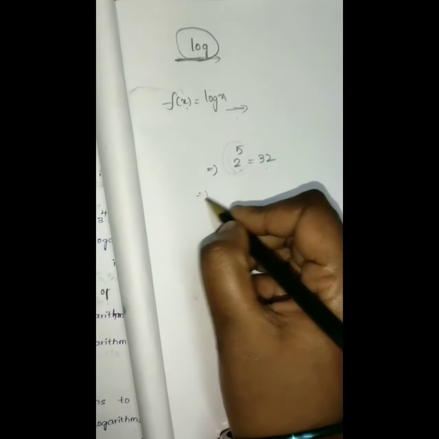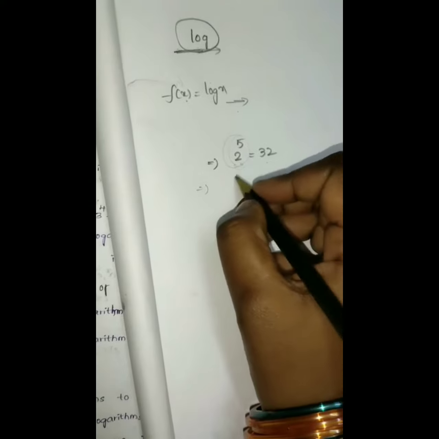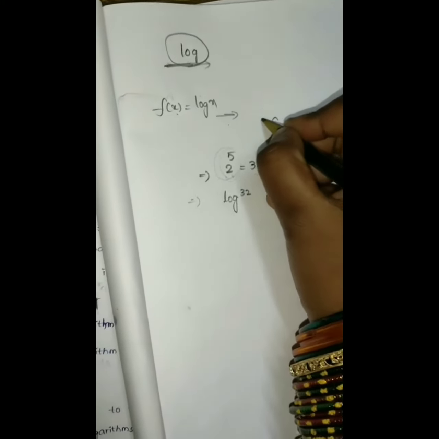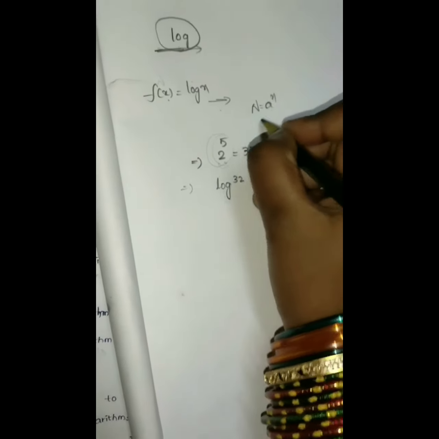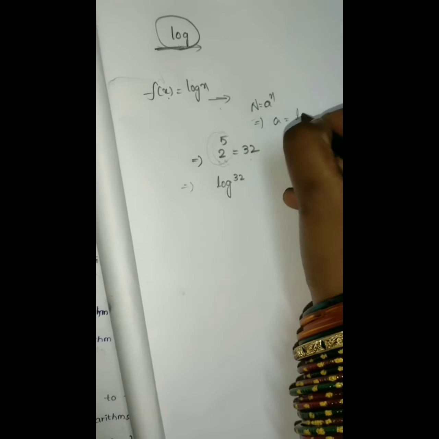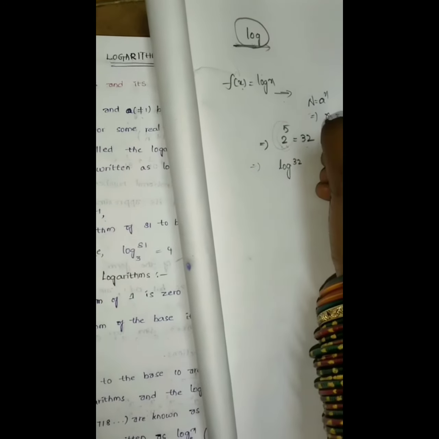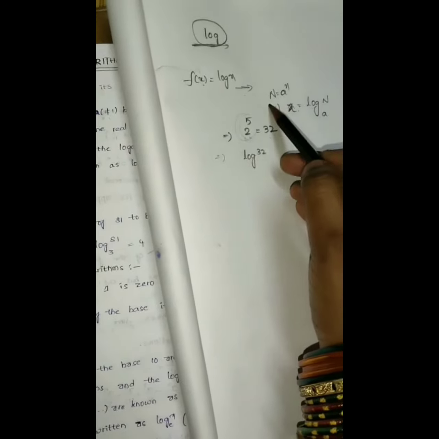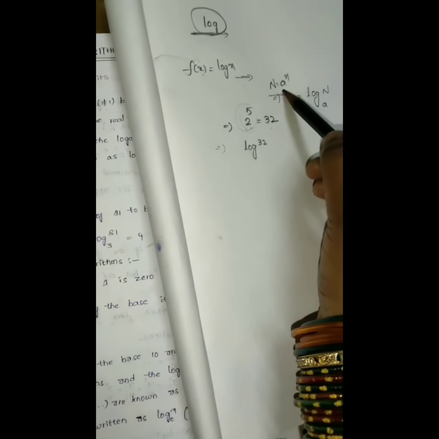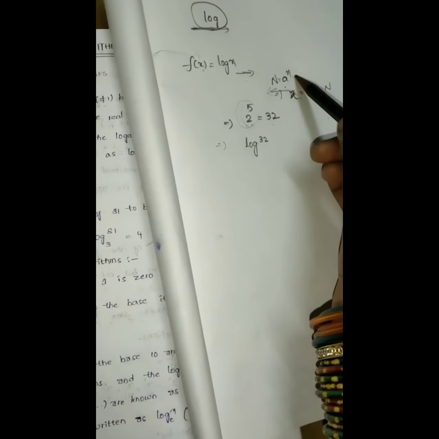Applying log, according to the definition, N is equals to a power x. We can write x is equals to log N to the base a. Similarly here, N and a are two positive real numbers and x is the index.